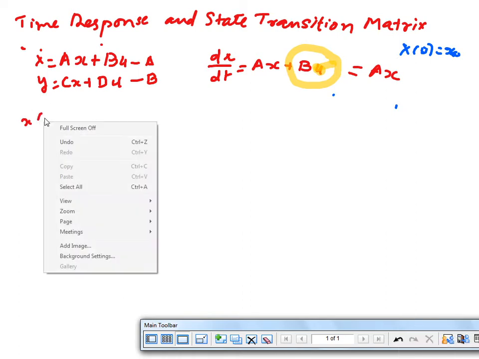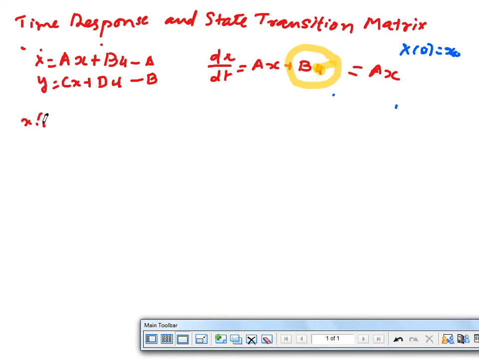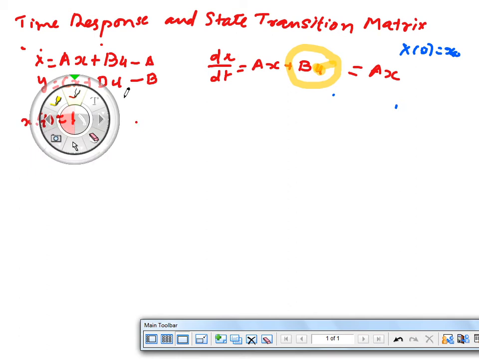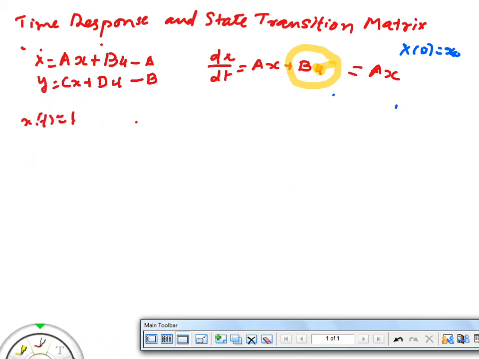Let us say x of t is equal to b0 plus b1 into t plus b2 into t square up to the last term, which will be bk into t raised to k.